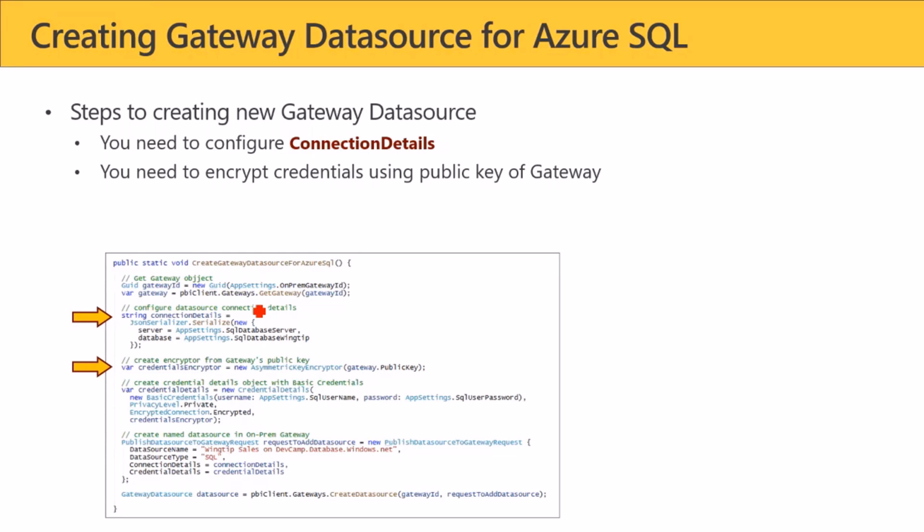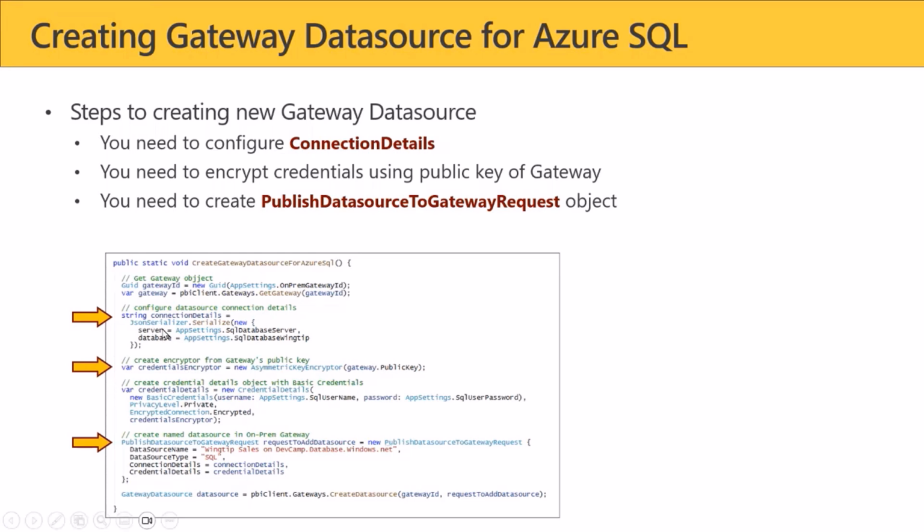And what you need to do is create this thing called the asymmetric key encryptor. And after that, you're going to create credential details. And if you look at the credential details, you create it the exact same way as we've been doing all along, with the one exception that you have the support for encryption down below. But other than that, everything you're doing is the same.